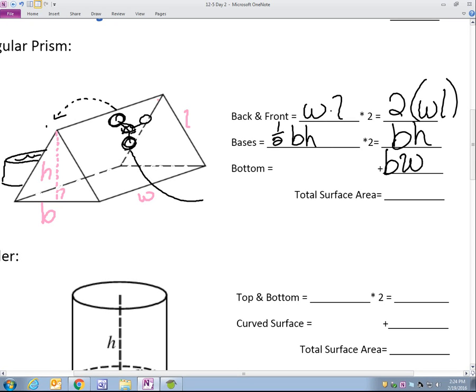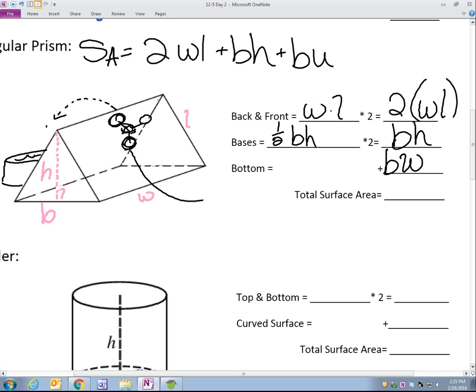So now I'm going to put all those in a nice, pretty formula. Surface area is equal to 2WL plus BH plus BW.